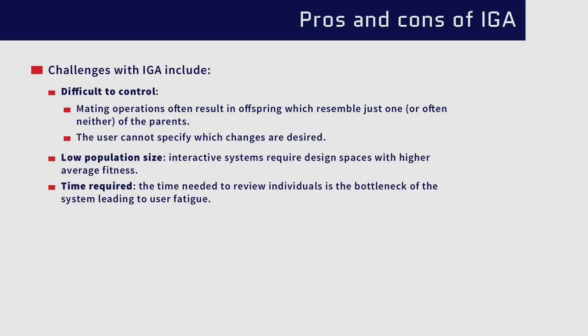One of the key criteria about interactive genetic evolution systems is how time is managed. Not all systems are equal in this respect. The time needed to review individuals is most often the bottleneck of the system.